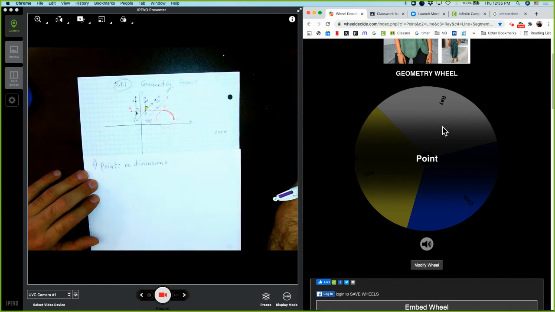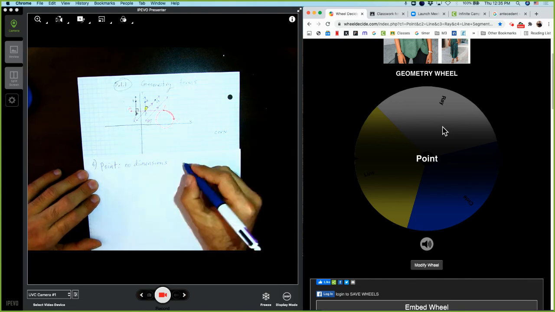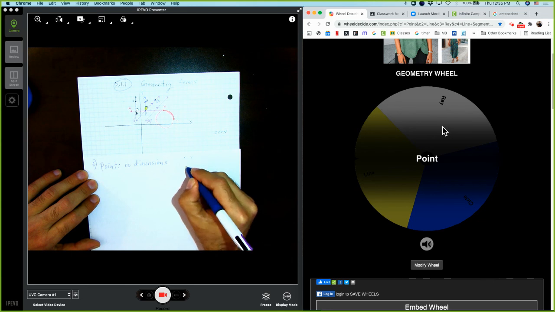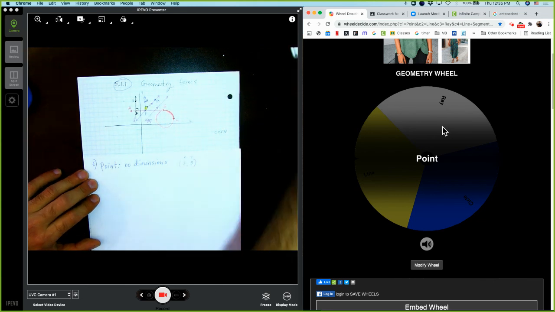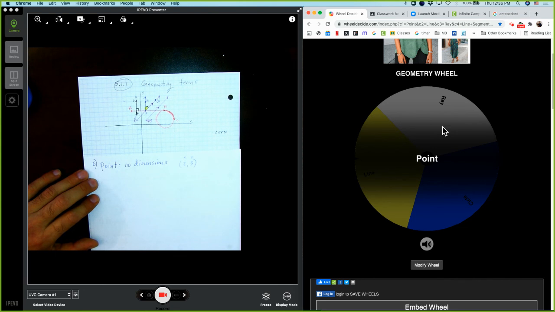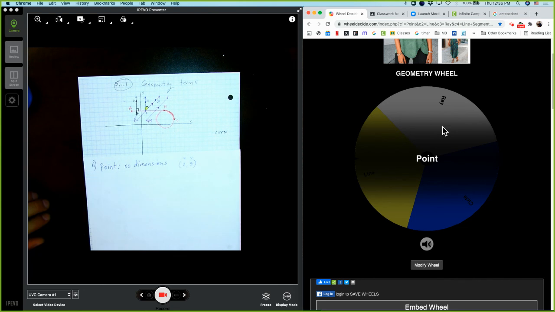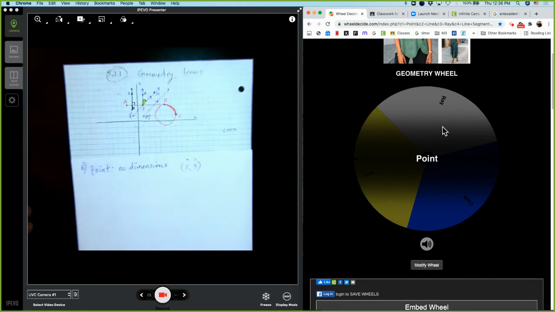What? Something that exists has no dimensions? So if I'm standing at the point 2, 3, which is how we show it, right? X, Y, 2, 3. If I'm at the point 2, 3, I don't have any dimensions? This is one of those things that is so accepted, but it's actually kind of a crazy idea.